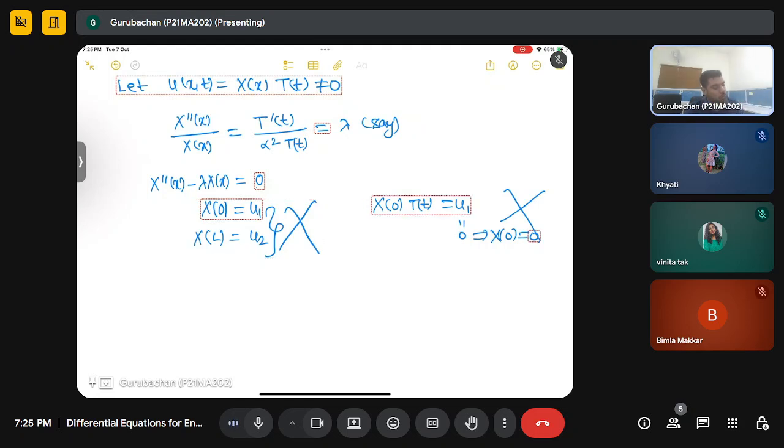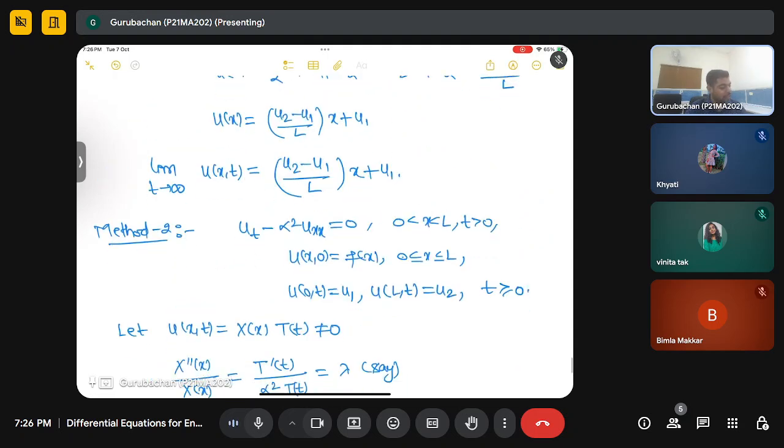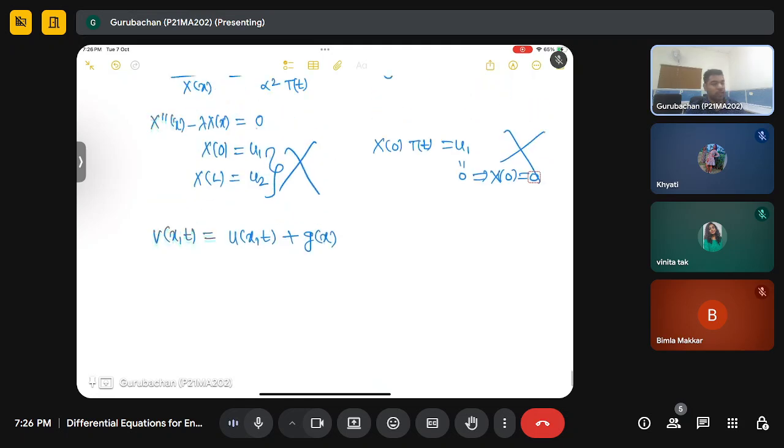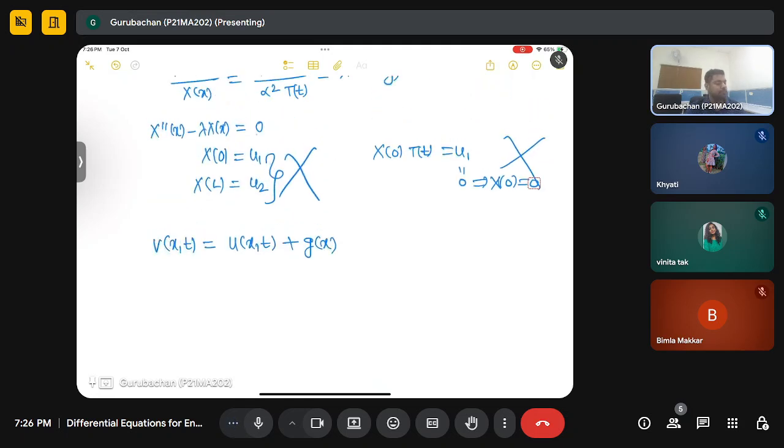So what you will do, you will smartly construct a new system v(x,t), which is u(x,t) plus some g(x) function. Why am I saying only g(x)? Because only at x they depend on u1 and u2, so this will only contribute rather than t.